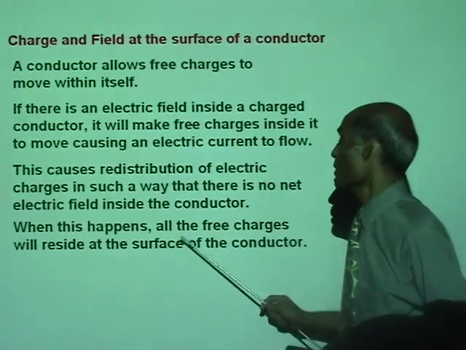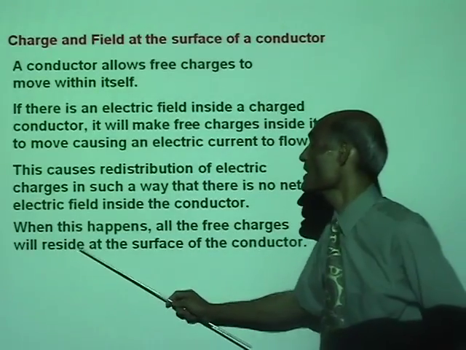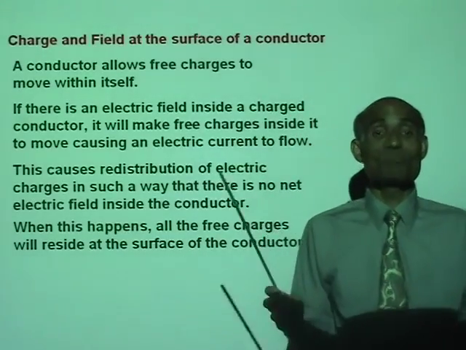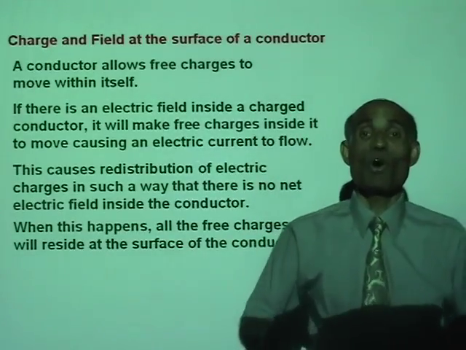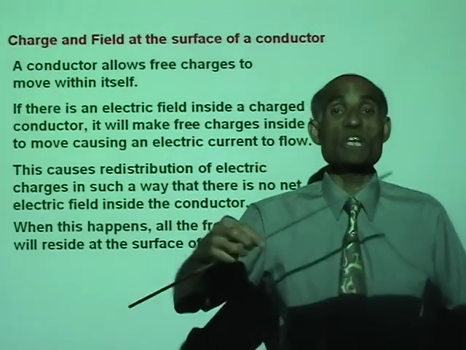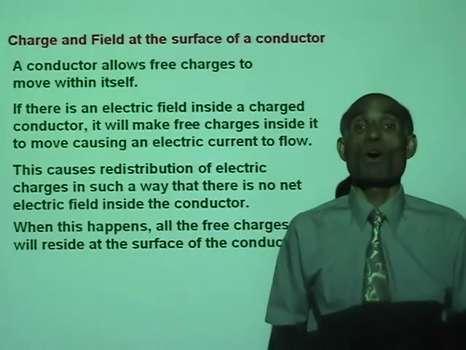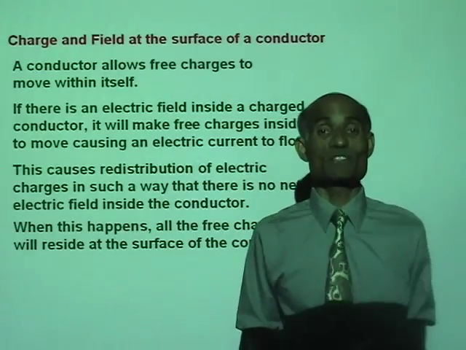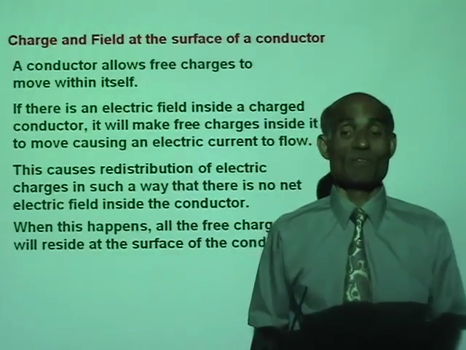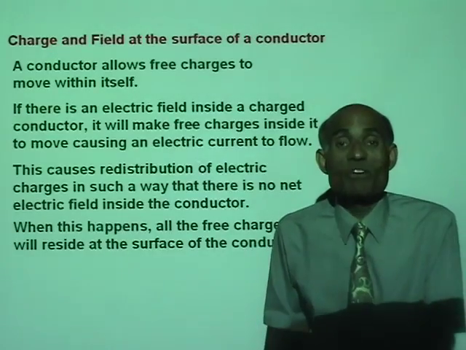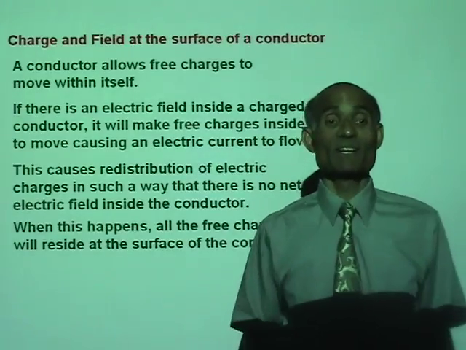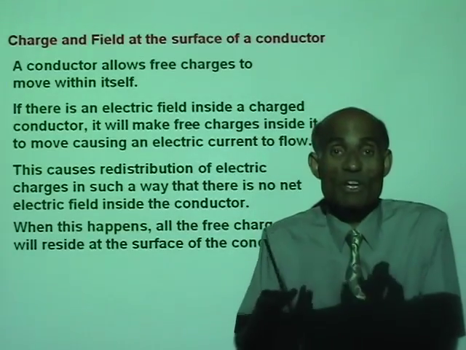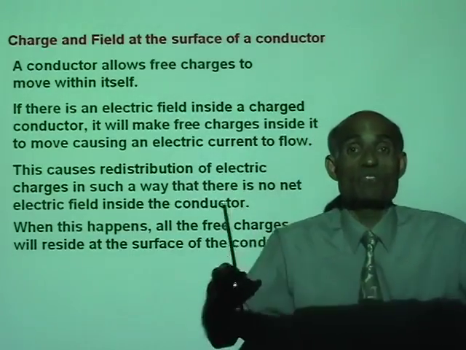When this happens, all the free charges will reside at the surface of the conductor. A very important information. So all the free charges on a conductor will reside only on its surface. And also, there will be no electric field inside a conductor. There cannot be an electric field inside a conductor. If there is an electric field, it will make the free charges in it to move.